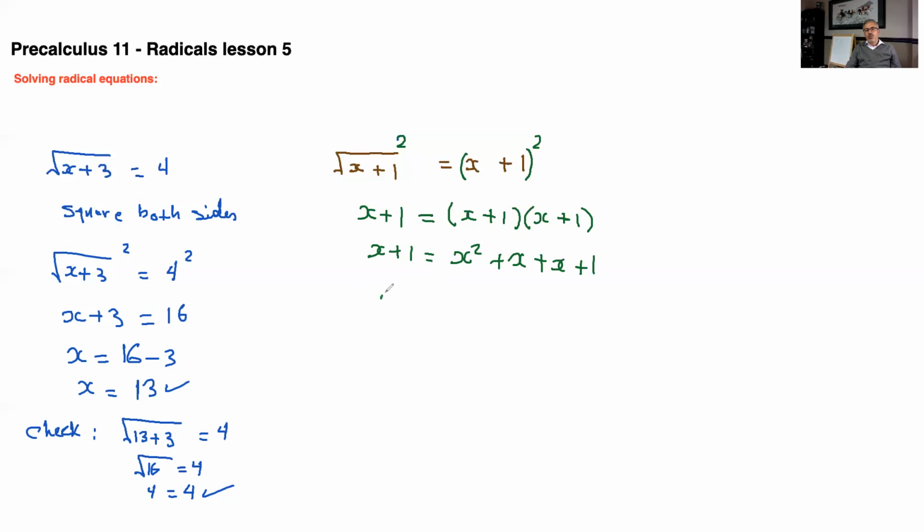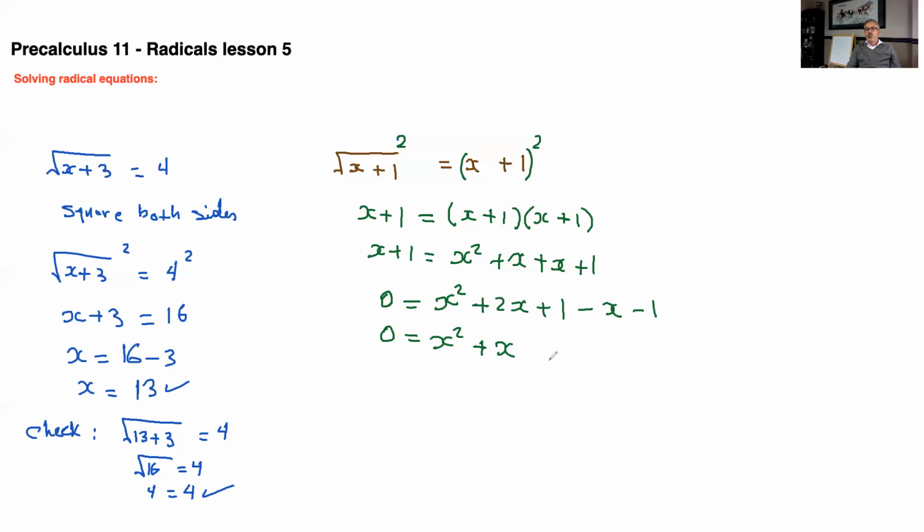And then move everything to the other side, equate it to 0 to the right side. So you have x squared. Sorry, this is plus 2x plus 1. And I'm moving this x to this side as well, and the 1, so you change the sign. So 0 equals x squared plus 2x. Oops, let's correct that. 2x minus x is just x.